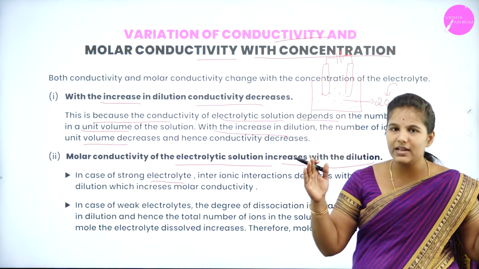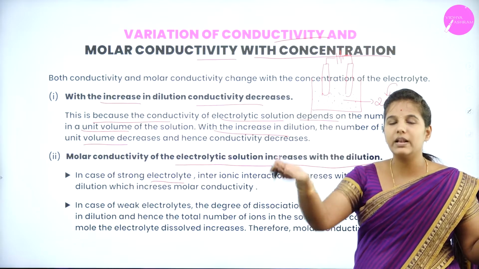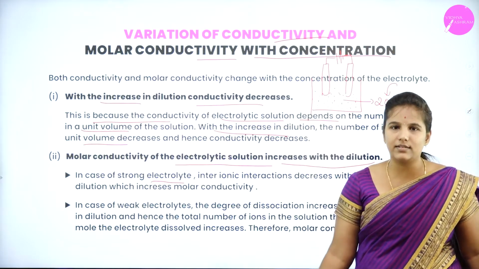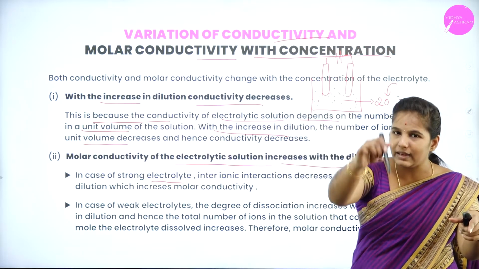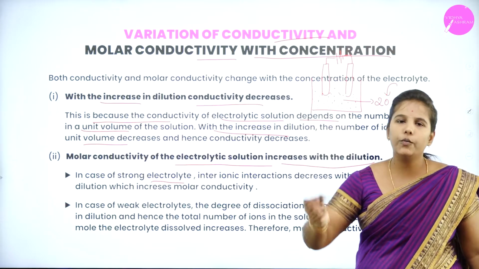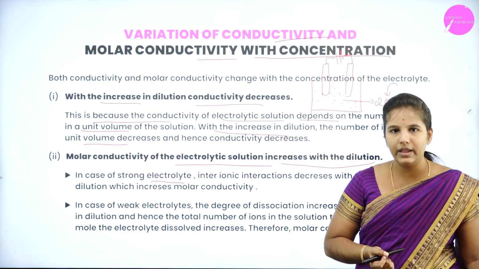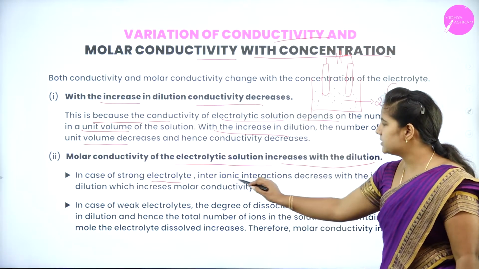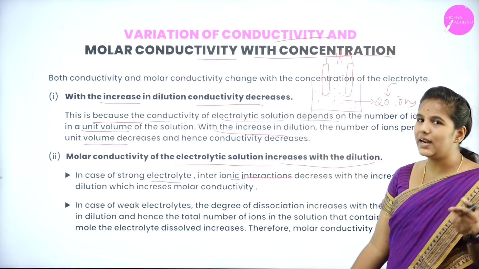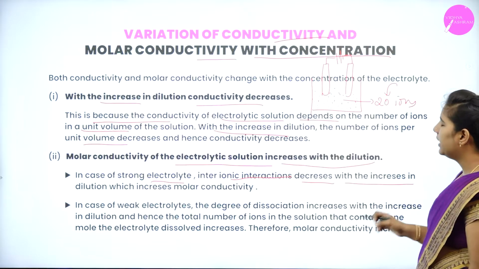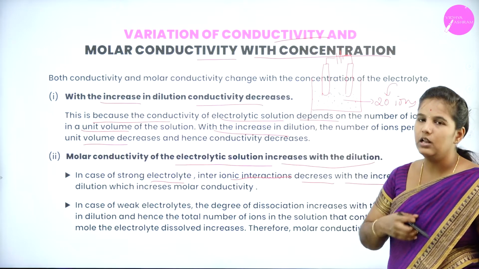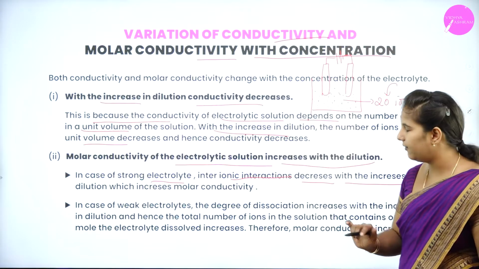Once the ions get separated, they will be responsible for conducting the electricity. That is why in case of molar conductivity, if you increase the dilution, obviously conductivity will increase. This is because the inter-ionic interactions decrease with increasing dilution, increasing the conductivity.